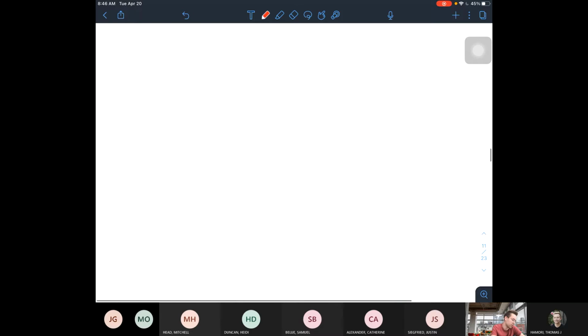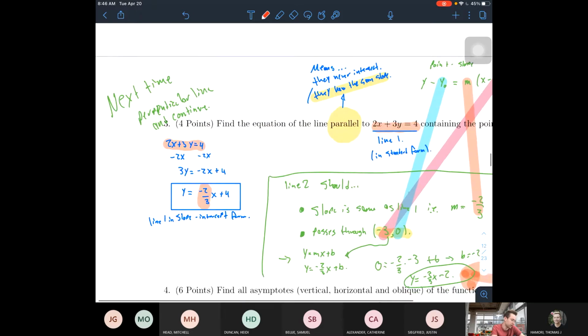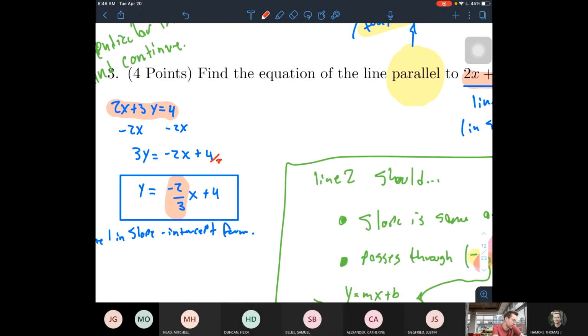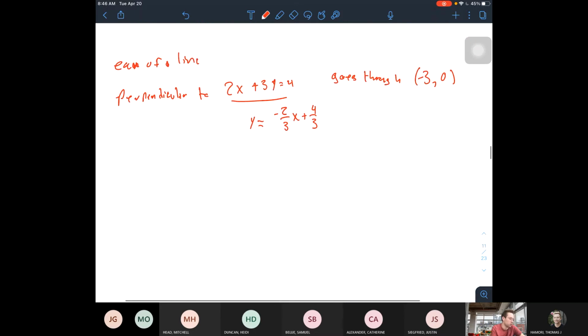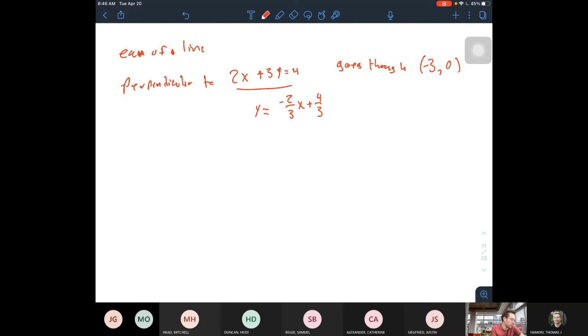I forgot to divide this by 3 last time, but it didn't really matter, because the y-intercept didn't matter. We know the slope of the original line is -2/3.